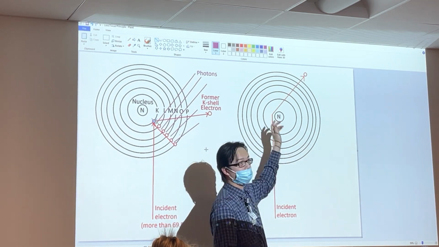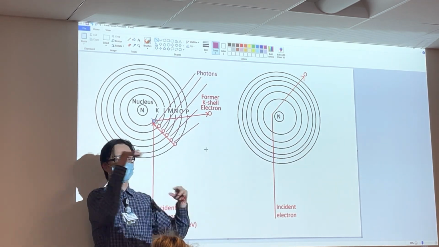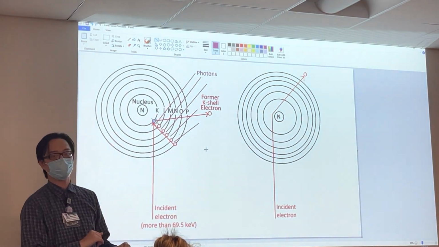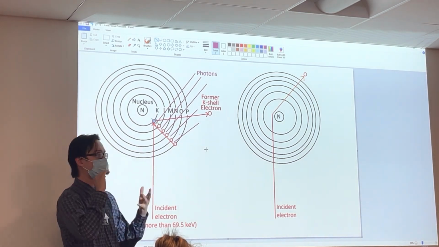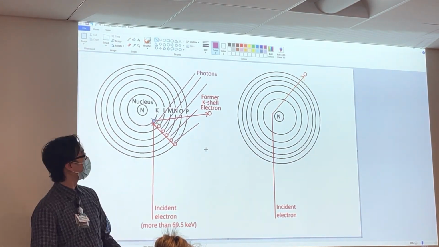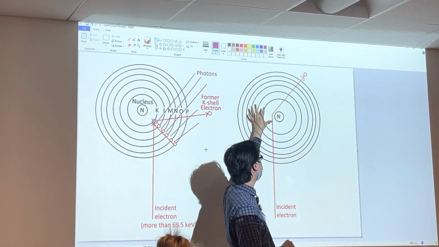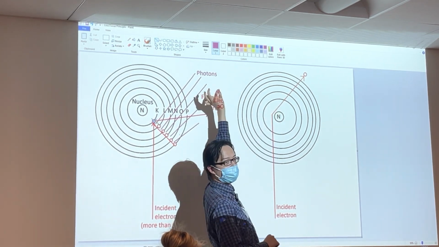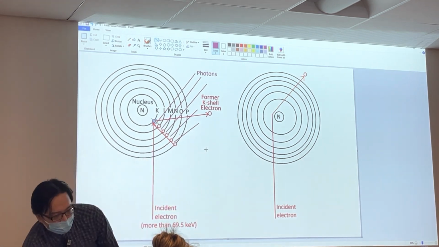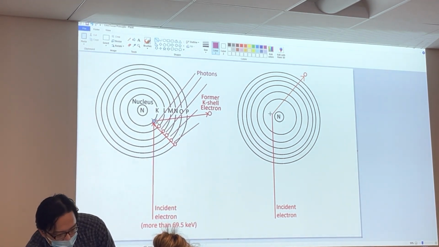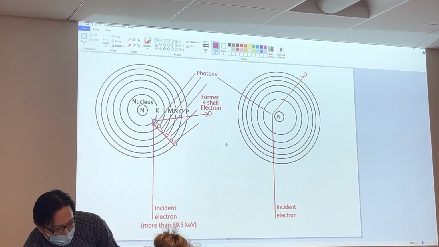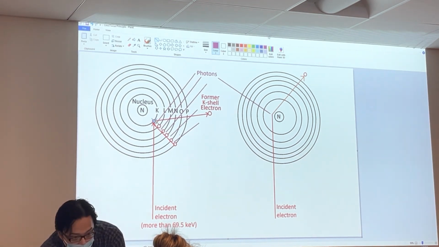So we're losing energy. What happens to the energy we lost? It gets packed up, stuck into a cardboard box, and that is our photon. So we lose energy as we slow down. The lost energy gets turned into a photon and it shoots out. So there is our photon.